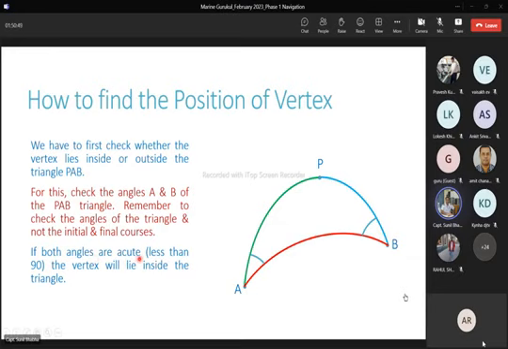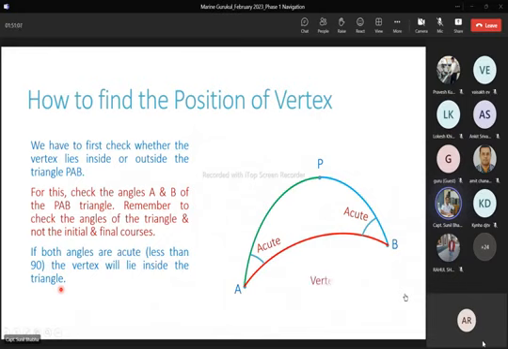If both the angles of the PAB triangle are acute, acute meaning less than 90 degrees, the vertex will lie inside the PAB triangle.